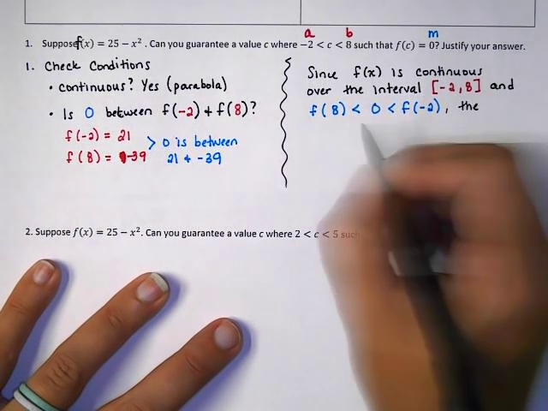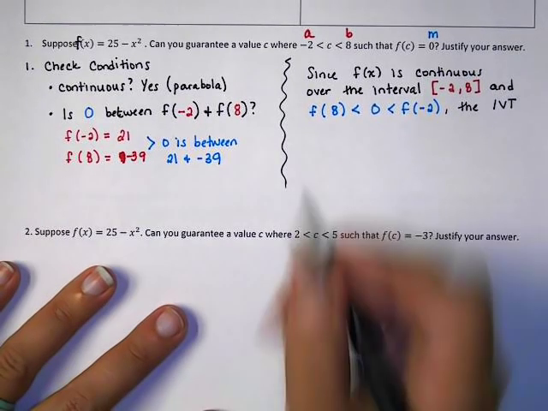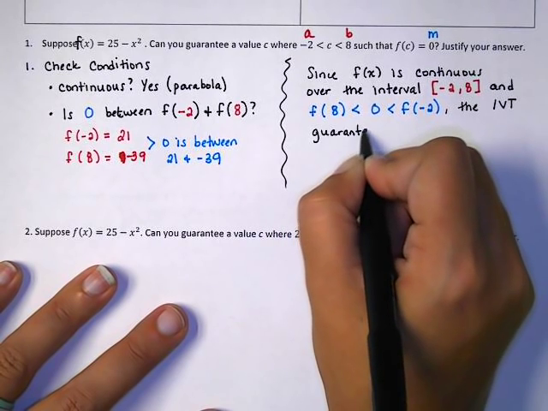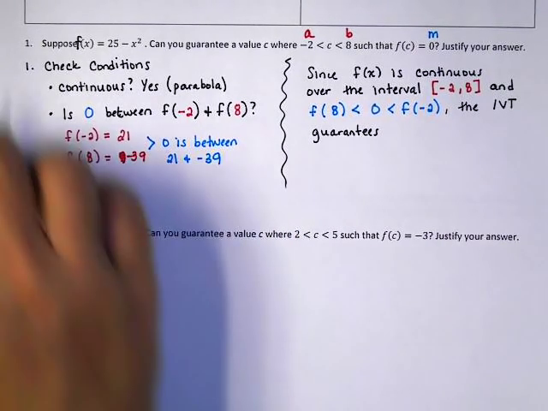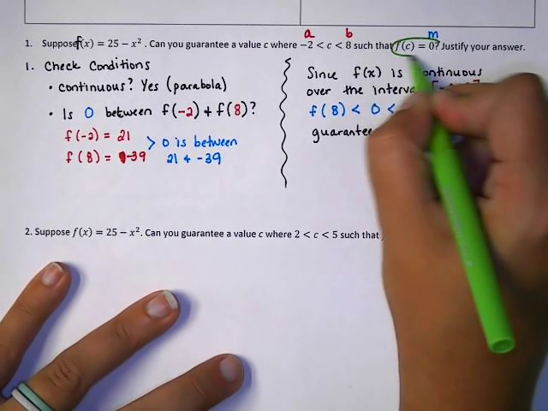The IVT, which we can abbreviate instead of writing out intermediate value theorem, guarantees that f of c equals 0. So I'm taking this directly from the instructions. So the instructions here said we wanted f of c equal to 0.